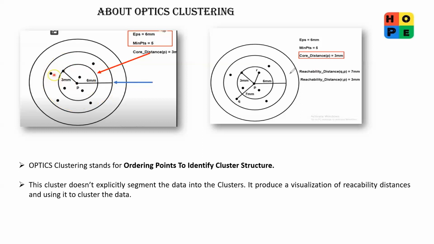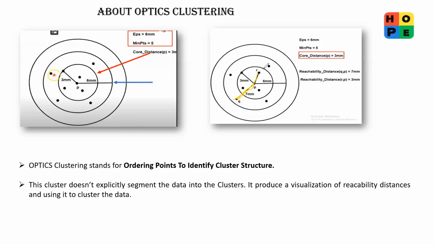If you look at Q and P, I'm getting 7 millimeters. This is the reachability distance. Similarly, if you look at R and P, this gives me just 3 millimeters.